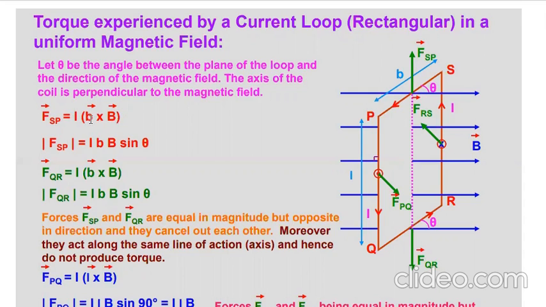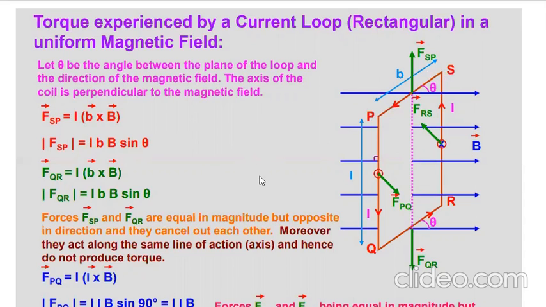Small b is the length of PS and capital B is the magnetic field. So the magnitude of magnetic force acting on this arm is given as I b B sine theta, where I is the current through the arm PS or SP.